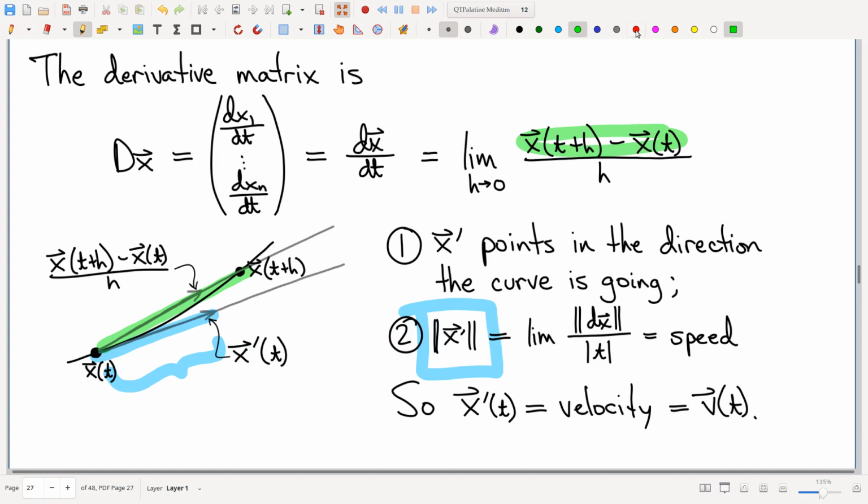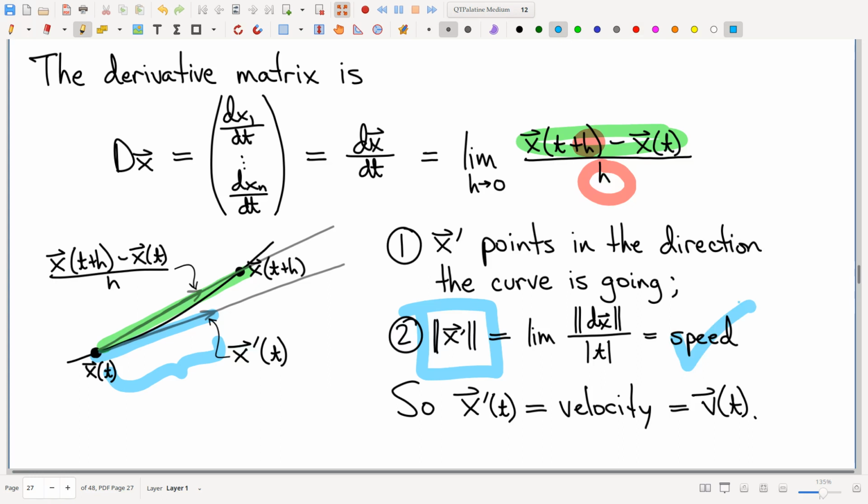And h, my denominator, is the difference between the time here and the time there. So this is elapsed time. So the magnitude of the derivative vector is literally distance per unit time, and that's speed.